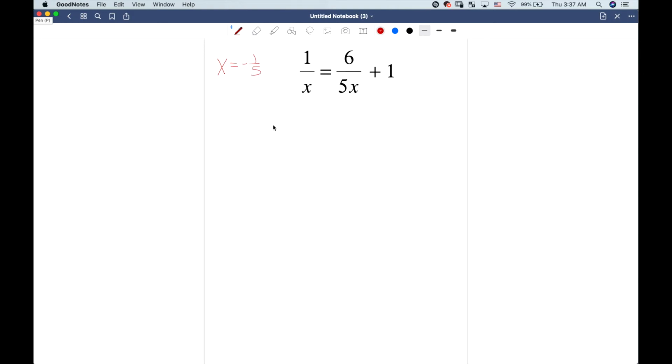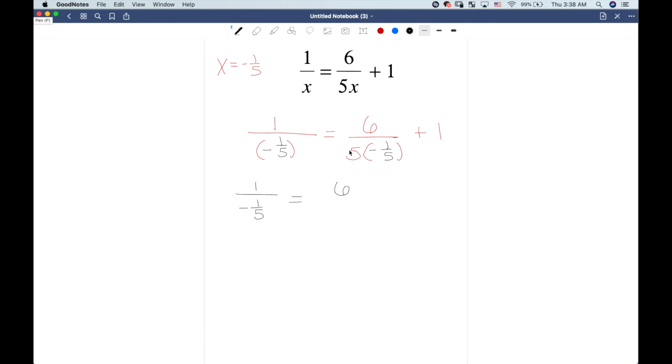Let me plug it back into the original problem. Negative 1 over 5, negative 1 over 5. All right, let's see what I can clean up. This one, there's nothing I can do, so I'm just going to leave it for now.